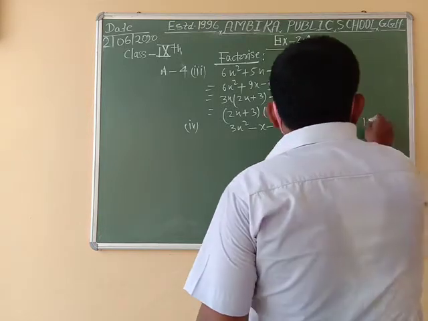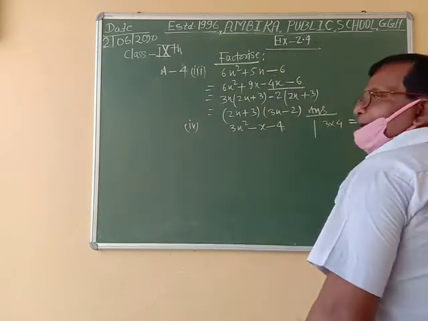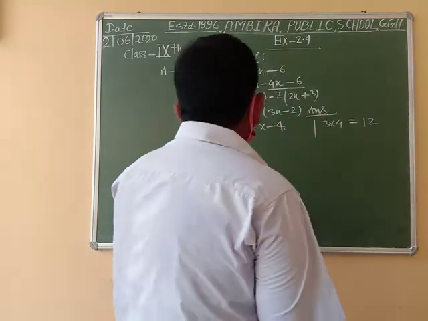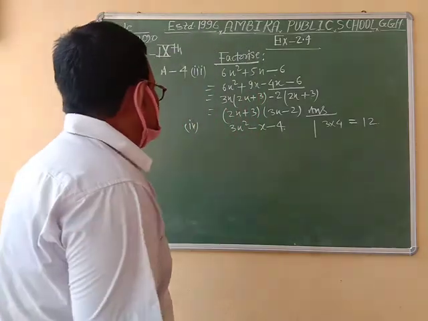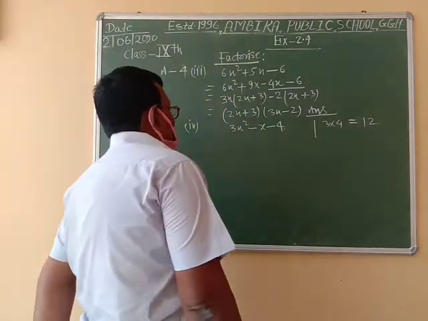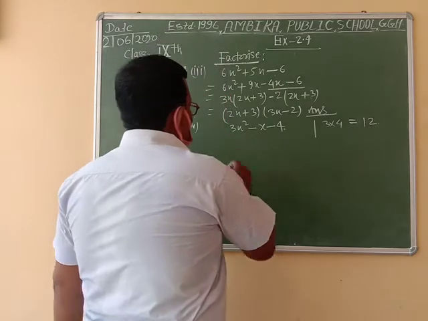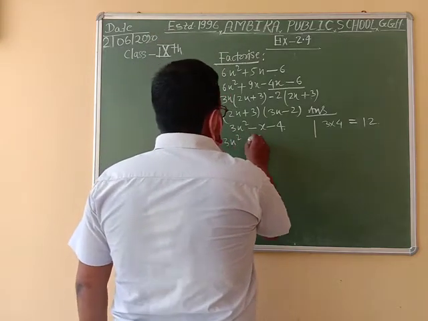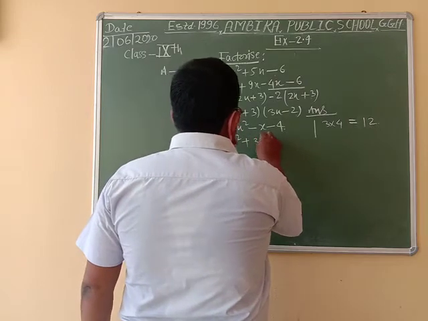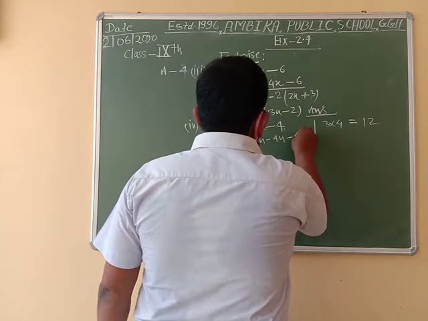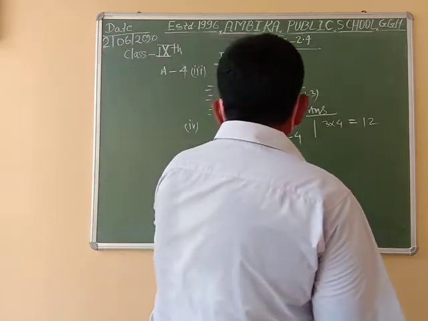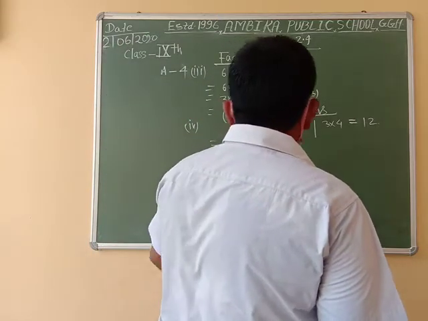And we factorize into two parts whose sum is minus x and whose product is minus 12. So we can write 3x square plus 3x minus 4x minus 4. Adding, we get minus x, and multiplying, we get minus 12x square.